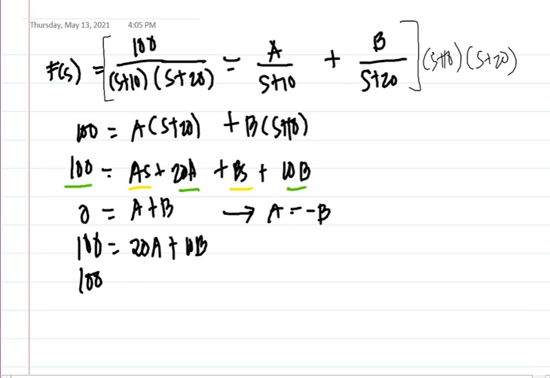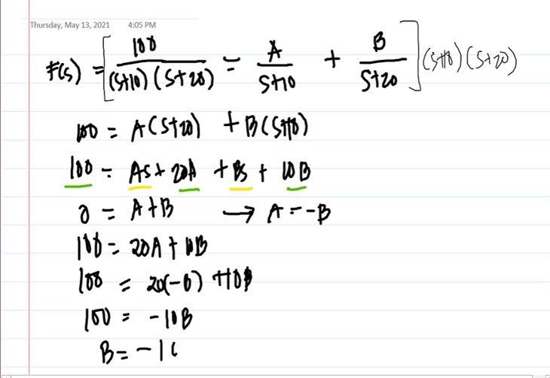So we'll have 100 is equal to 20 times negative B plus 10B. So our answer, 100 is equal to negative 10B. B is equal to negative 10. So our A will be equal to 10. This is our process by equating the coefficients.